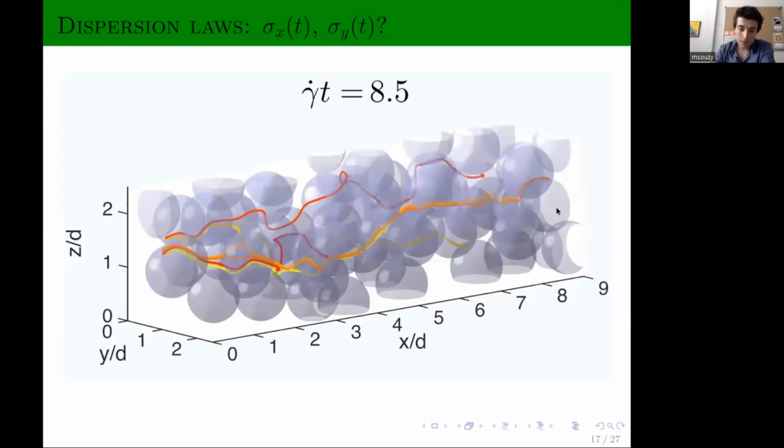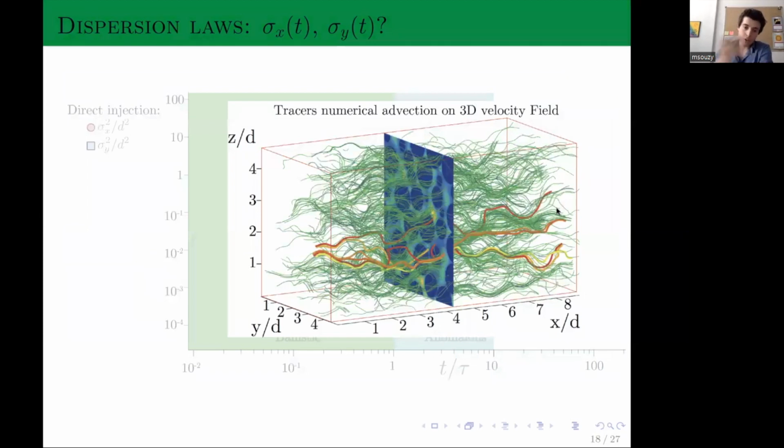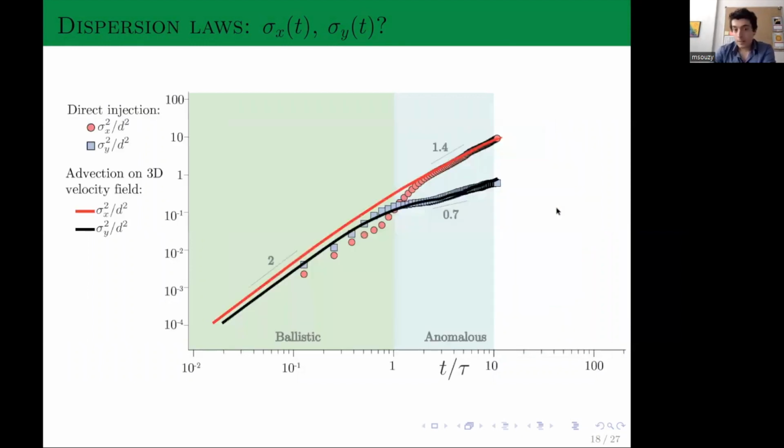And if you repeat this over a large number of points which are randomly initially placed in the media, this is typically the kind of result that we get. So again, we get back to what we experimentally measure, a ballistic trend at short time, and then we get the anomalous regime that we observe experimentally.